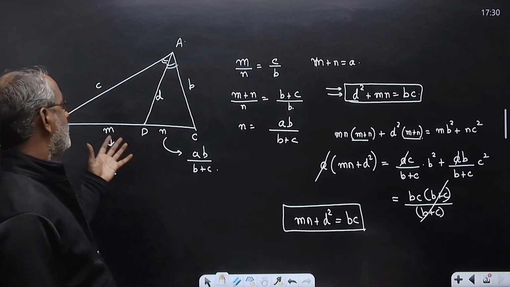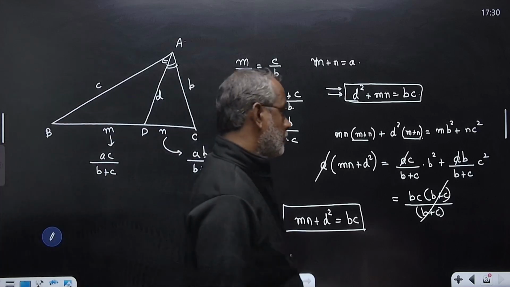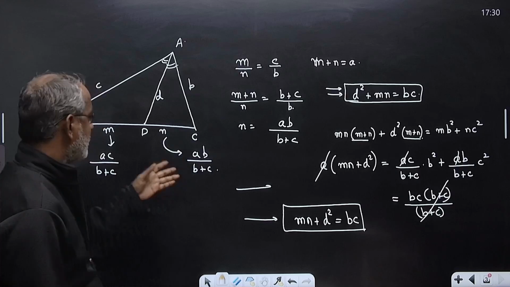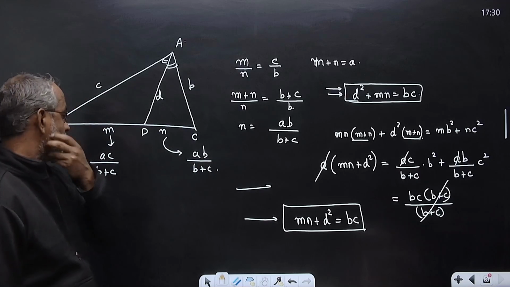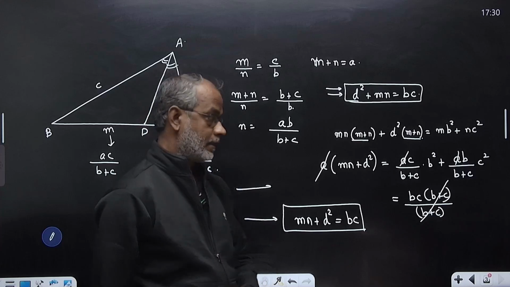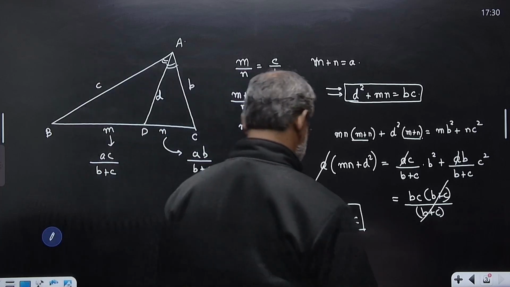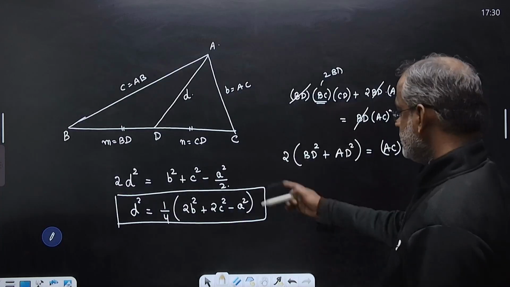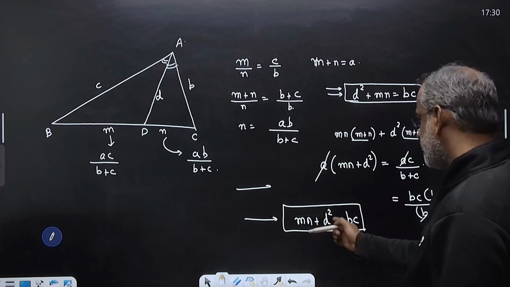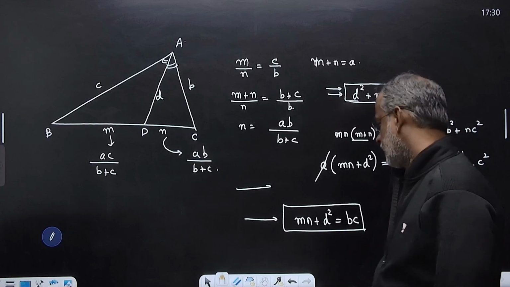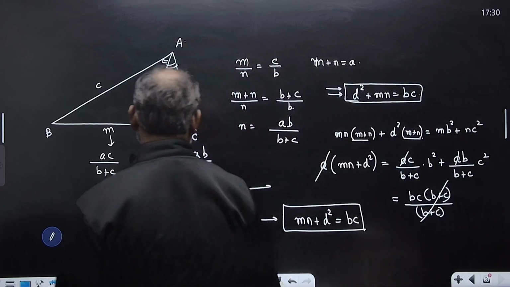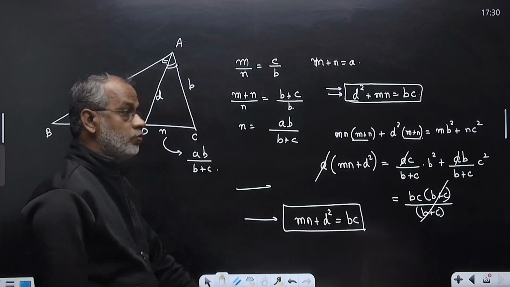So this will be the sum total of the angle bisector theorem. The bisector divides the opposite side in the ratio of the sides containing the angle, and this gives you the length of the angle bisector, and this gives you the length of the median. See, an explicit expression here will not be great. You can see if you write MN, what it will be. In trigonometry, you do get a reasonable expression.